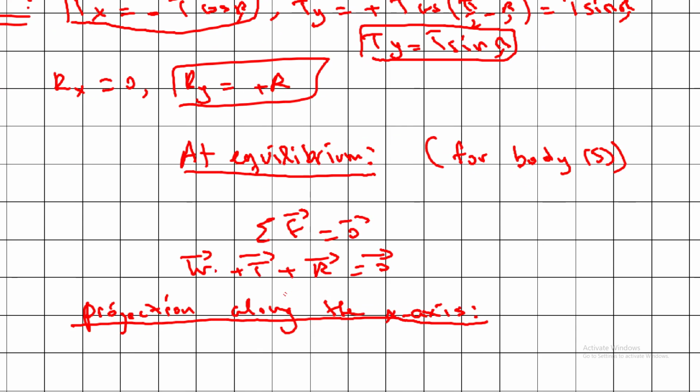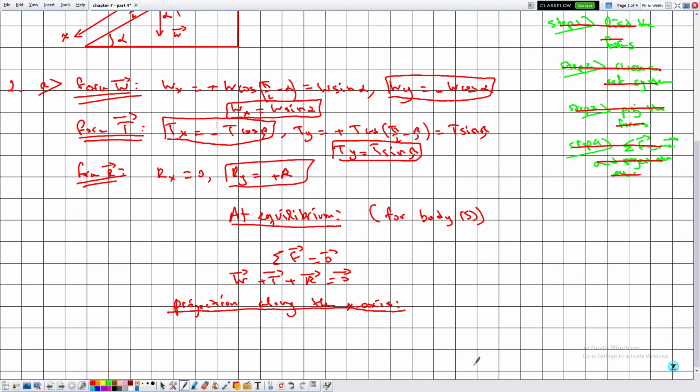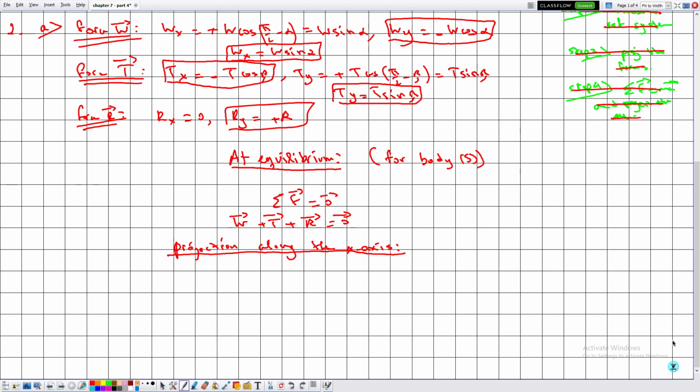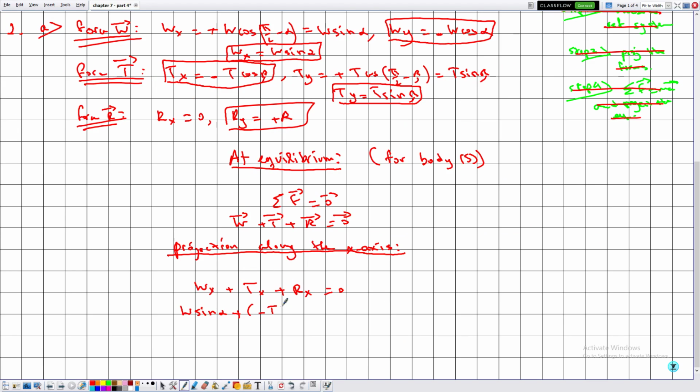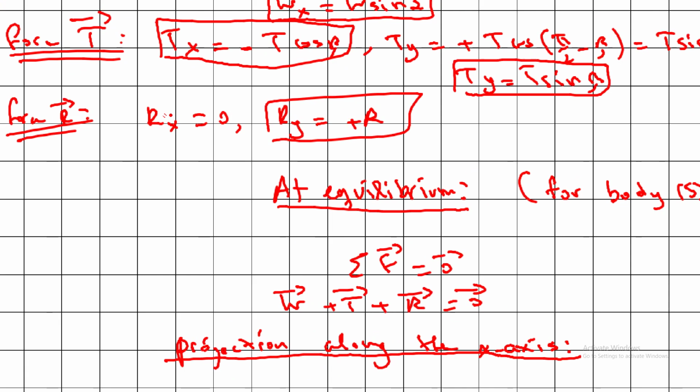Now in this case we drop all the vectors, and each vector quantity will carry the label x. So here we have wx plus tx plus rx is equal to 0. Now wx is given by w sine alpha, tx is given by minus t cosine beta, and rx eventually is given by 0.